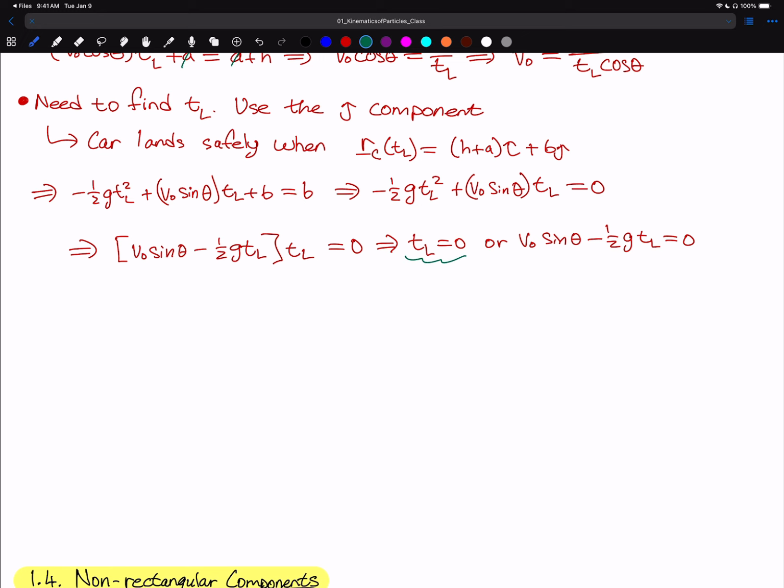So keep in mind that TL equals 0 is a valid solution, but clearly not the one that we need because it corresponds to the starting point of where we analyze this. So it's the valid solution, but not the one that we need.